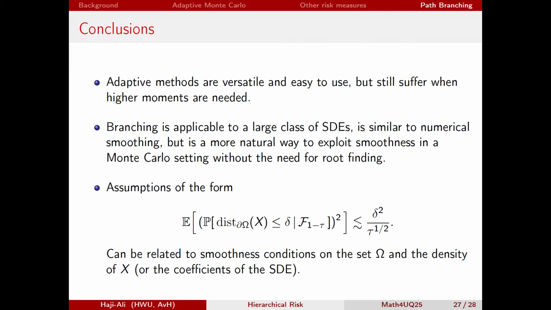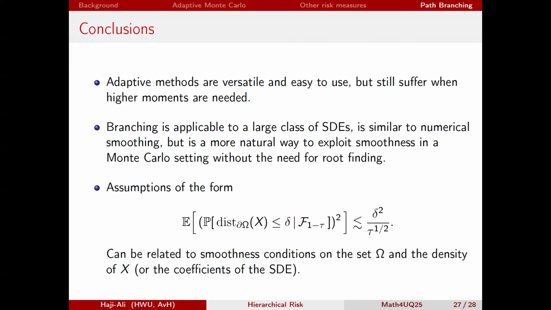It's similar actually to normal plus smoothing because we are using Monte Carlo, or some averaging of the paths, to smooth out the discontinuity. But it's more natural in the sense that it doesn't need root finding or anything because it uses the underlying Monte Carlo method.